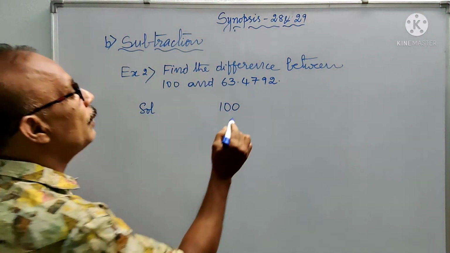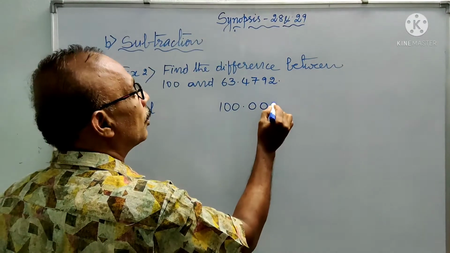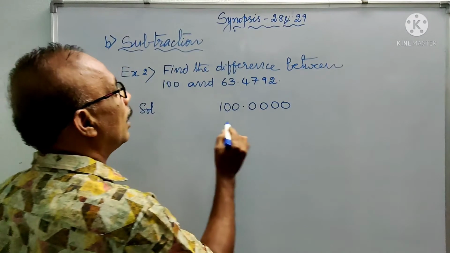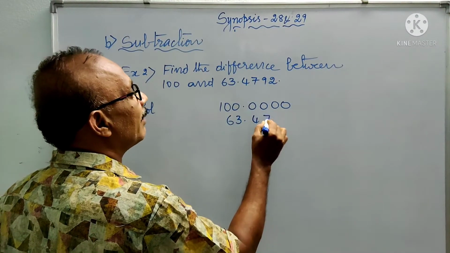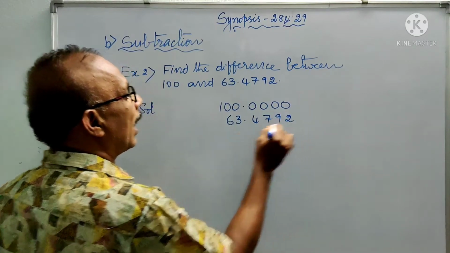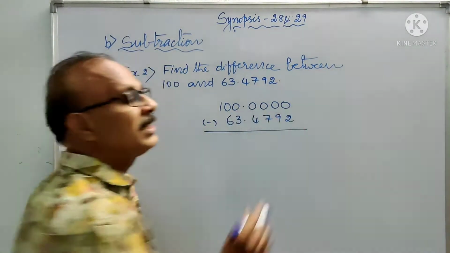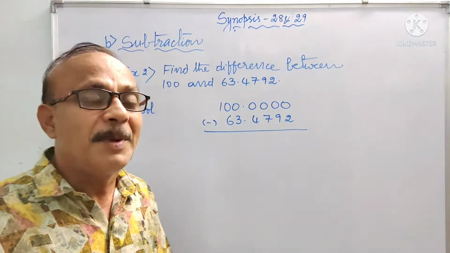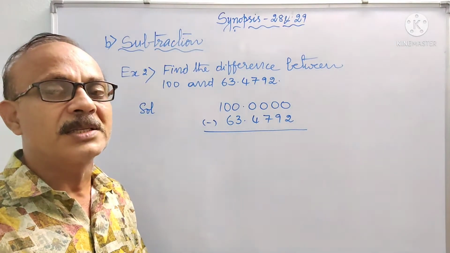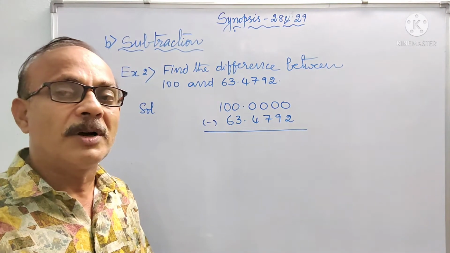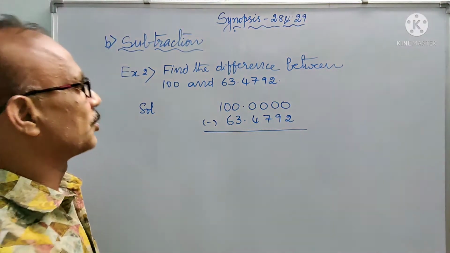So that is why we write this 100 as 100.0000 and then down 63.4792 and then we do the subtraction. If you don't convert like this, it is not possible. It becomes difficult for you to do the subtraction. So in case of decimal subtraction, you have to convert both into like decimals and perform subtraction.